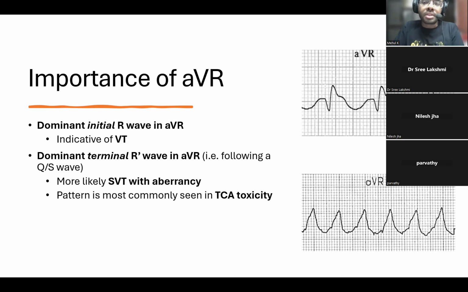That means that the depolarization wave is actually moving towards aVR, which is the complete opposite of normal, and that can only be because of VT. I hope that made some sense. So big positive R wave in aVR, think of VT. Very, very simple thing to look for. Think of VT if you see this.